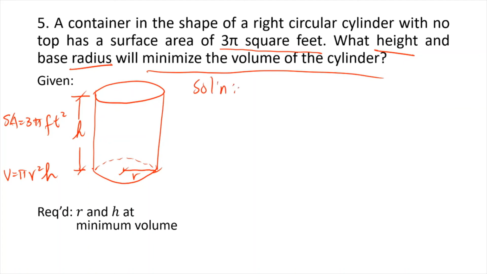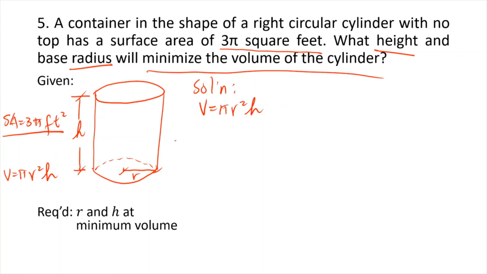Primary equation is v equals pi r squared h. This is in terms of two independent variables, the radius and the height. So let's reduce this equation first in terms of a single independent variable using the constraint that the surface area should be 3 pi square feet.